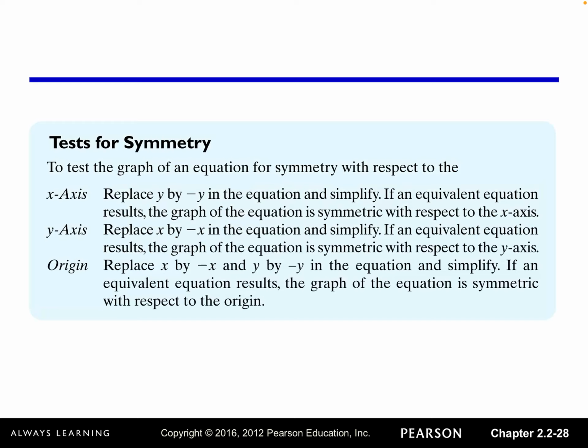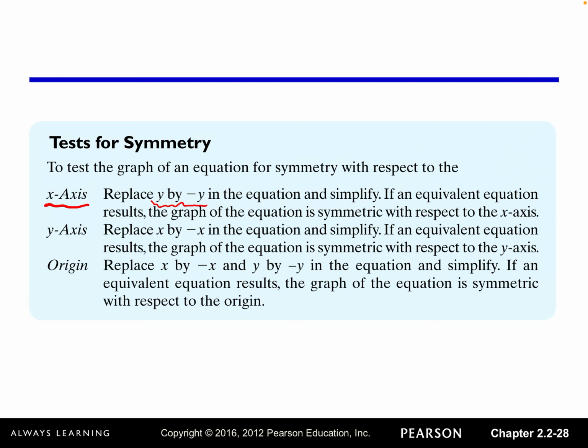In order to test whether an equation is symmetric with respect to the x-axis or not, all you need to do is replace y by negative y, plug into the equation, and simplify. If an equivalent equation results, then the graph of the equation is symmetric with respect to the x-axis, otherwise not symmetric with respect to the x-axis.